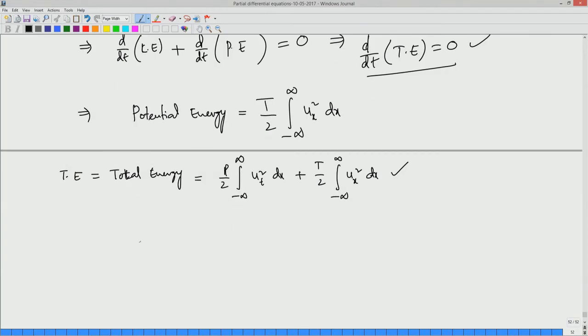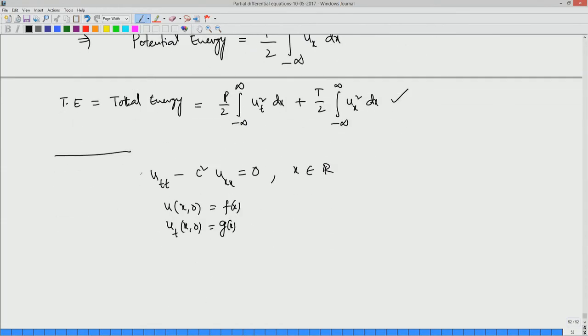Now what we do is take this problem. Your problem is u_tt minus c squared u_xx equal to 0, x belongs to R, and u at (x,0) is f(x), with two initial data, that is f(x) and g(x).